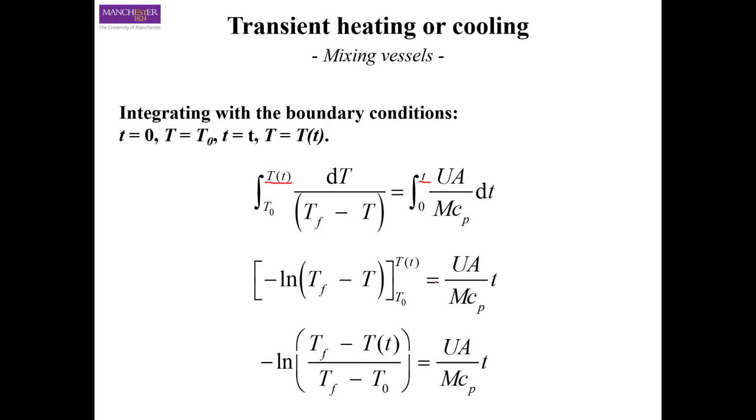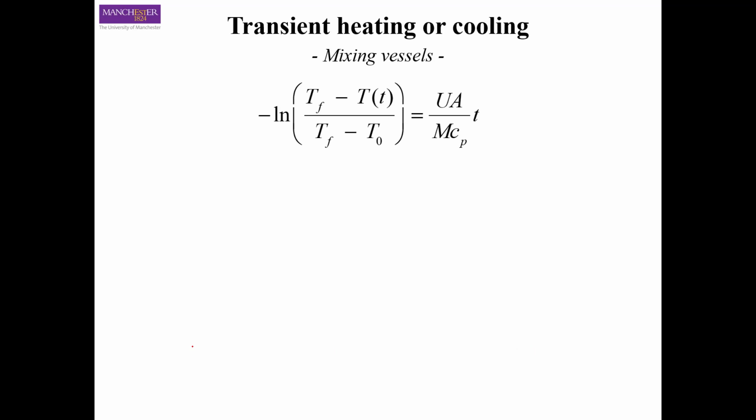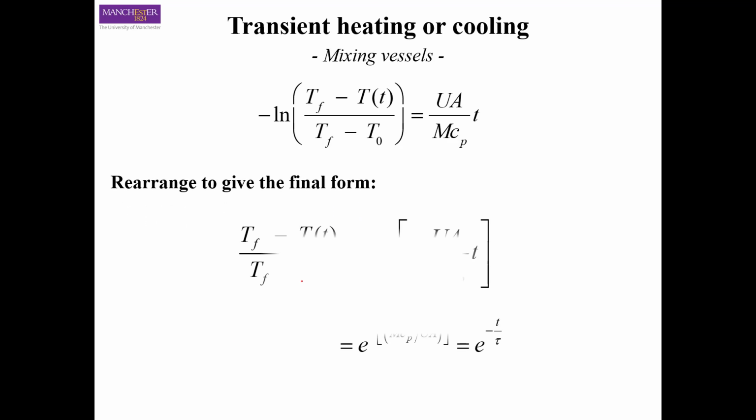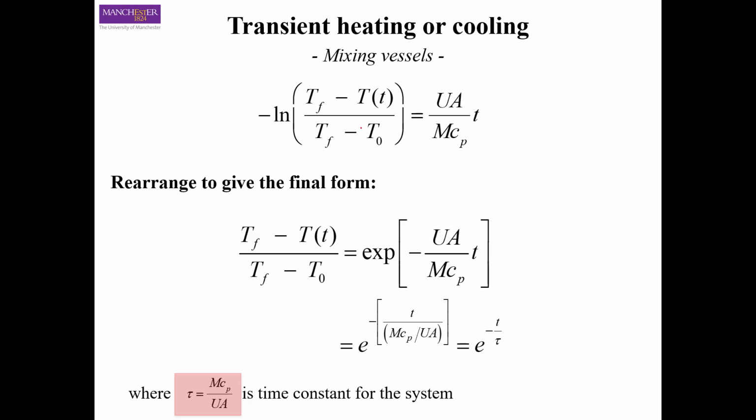Then we can rearrange this equation slightly further by applying the limit, and we get this equation with a fraction of temperatures. If we keep working on this equation, we can further simplify it. We take anti-log on both sides, so the log on the left hand side cancels out, and you have the fraction temperature.